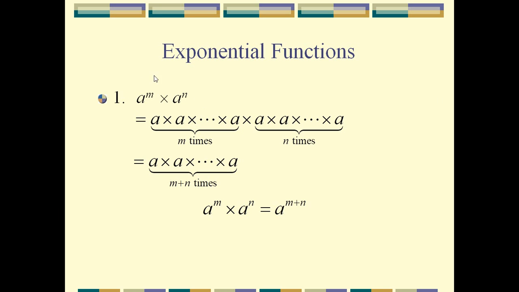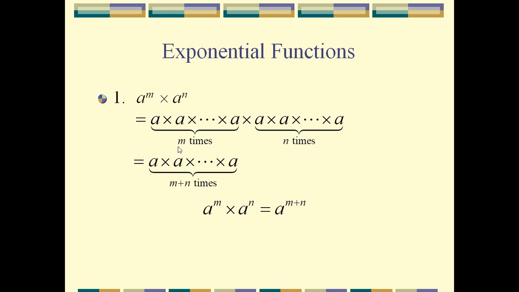So we have the first property: if you have two numbers in index form with the same base, a to the power m and a to the power n, if you multiply them together, then it will be simplified to the same base, but the power is the sum of the two powers.